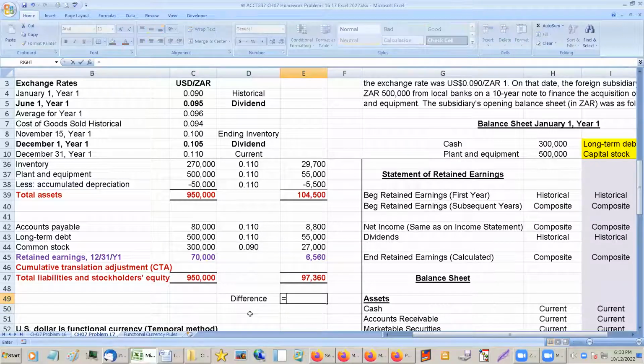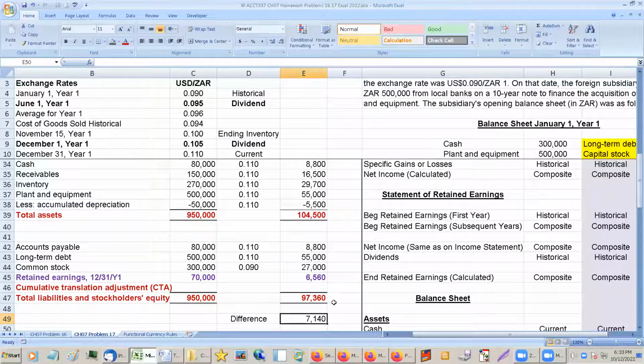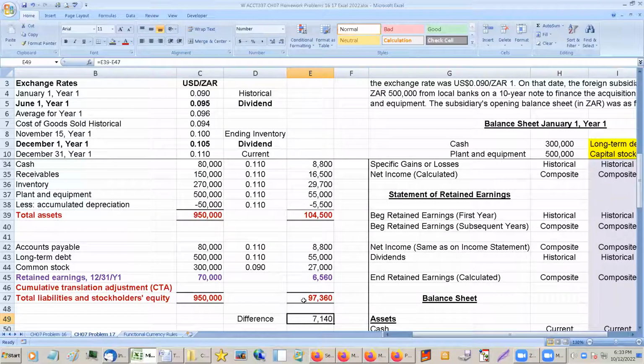Okay, so we had assets of 104 and we have liabilities and ownership of 97. So this difference is going to be a gain or a loss.